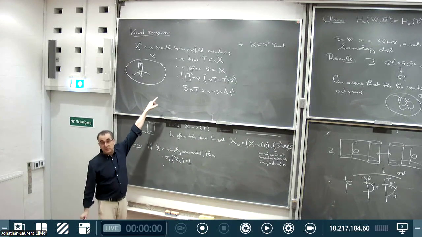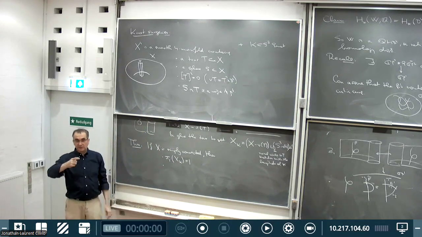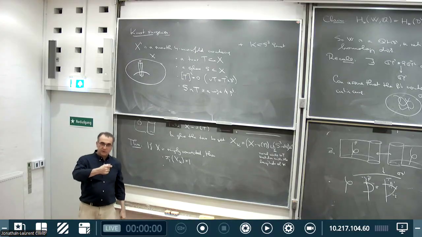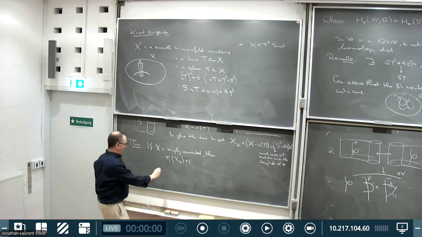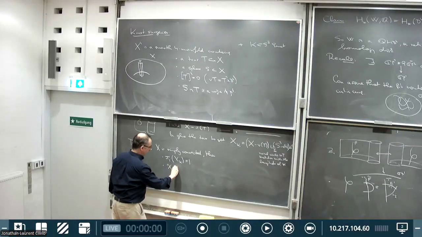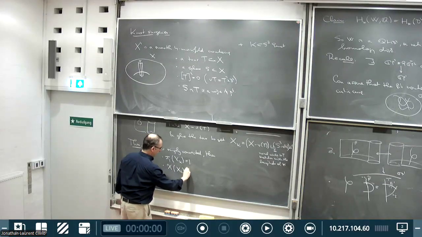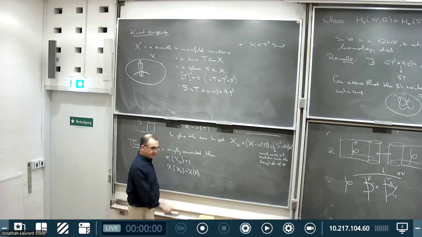This is the role of this dual sphere, that somehow the normal circle to the torus bounds the disk in the complement. The Euler characteristic of X_K is the same as of X.